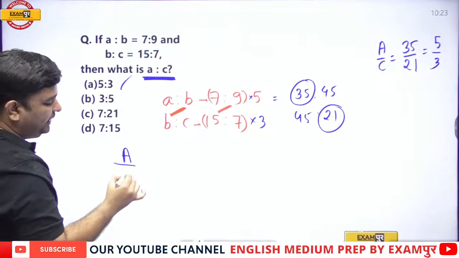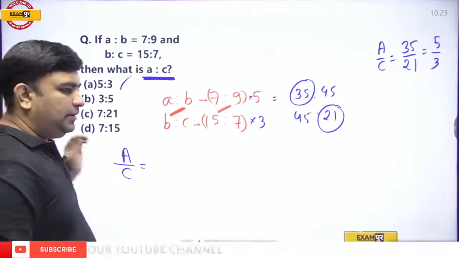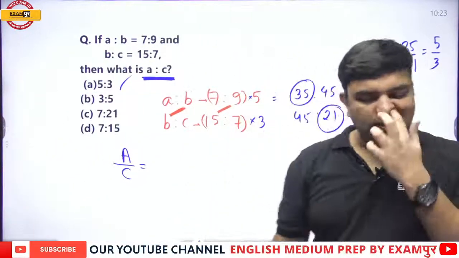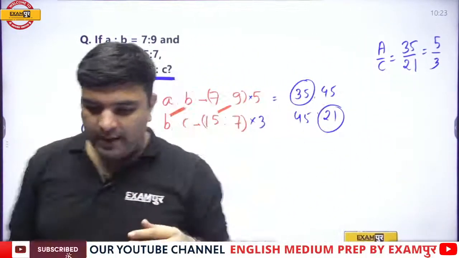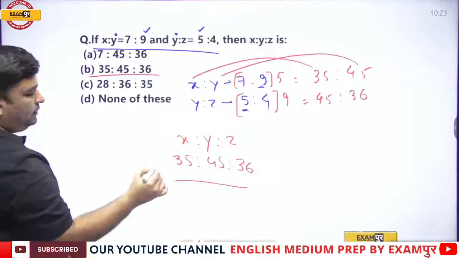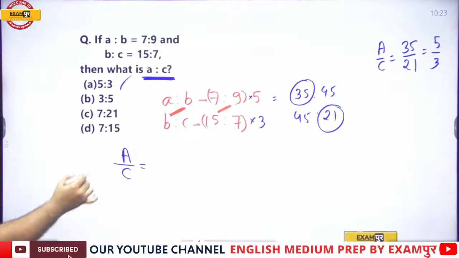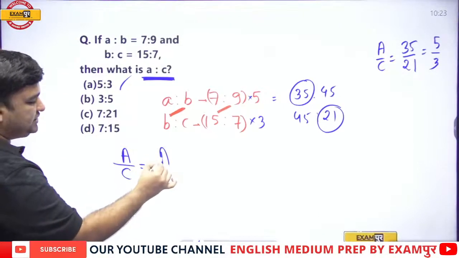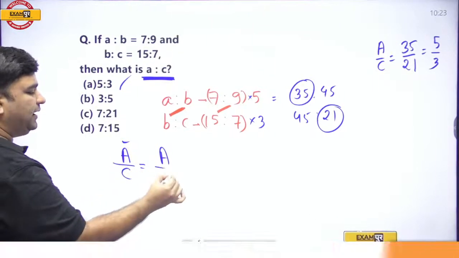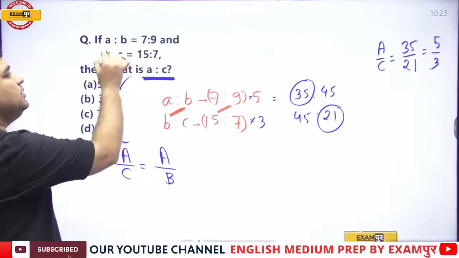A by C can be written as A by B, which is known.